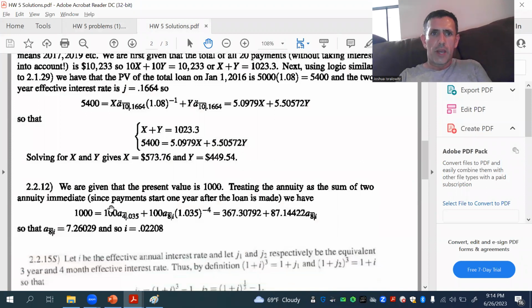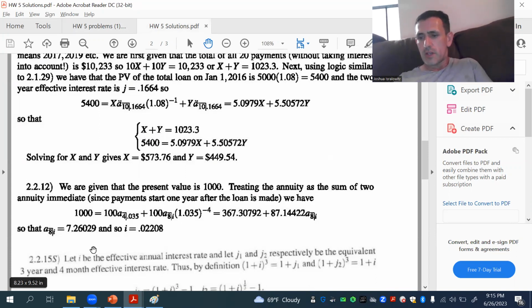That's exactly what we had: 100 a-angle-4 at 0.035 plus 100 a-angle-8 at i times 1.035 to the minus 4. We discount the 100 a-angle-8 at i by 4 years. You just plug things into the calculator. You get a-angle-8 at i is 7.26029. So let's figure out what that is in the calculator.